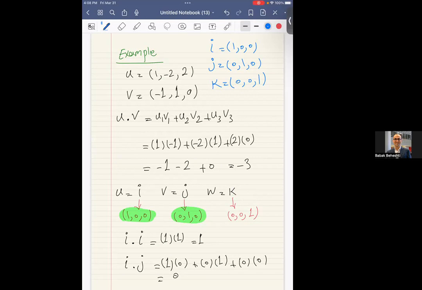For example, the vector u here, which is 1, negative 2, 2, we can represent another way and say that u is equal to i minus 2j plus 2k. That's basically the same as saying that u is 1, negative 2, 2. Okay?